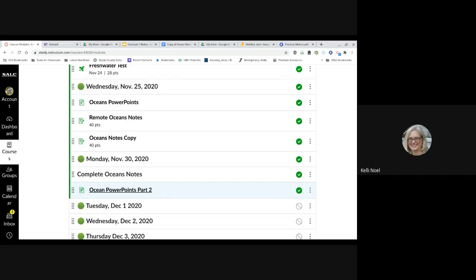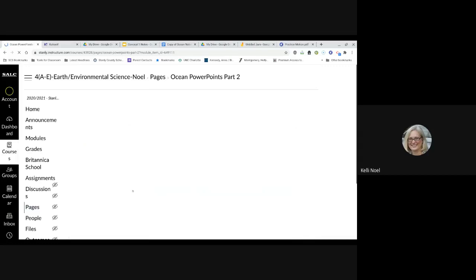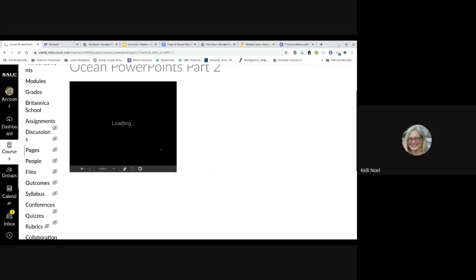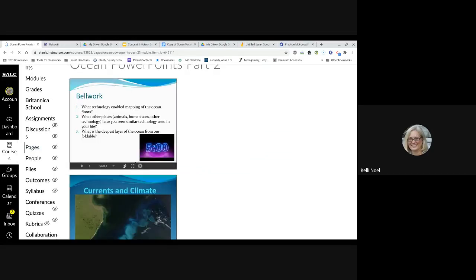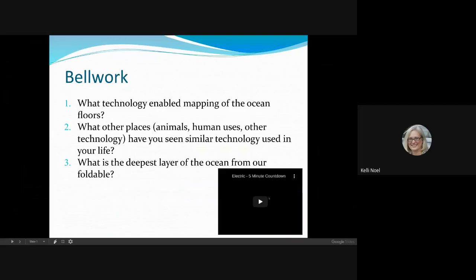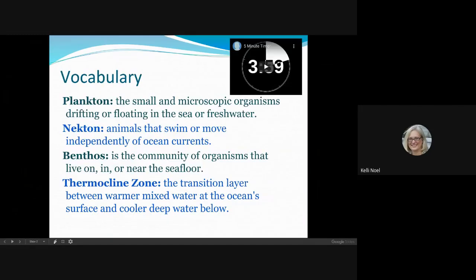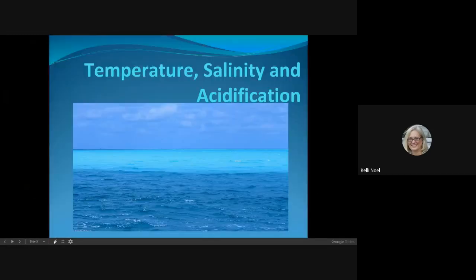All right. So in your notes, find the section that says temperature and salinity.